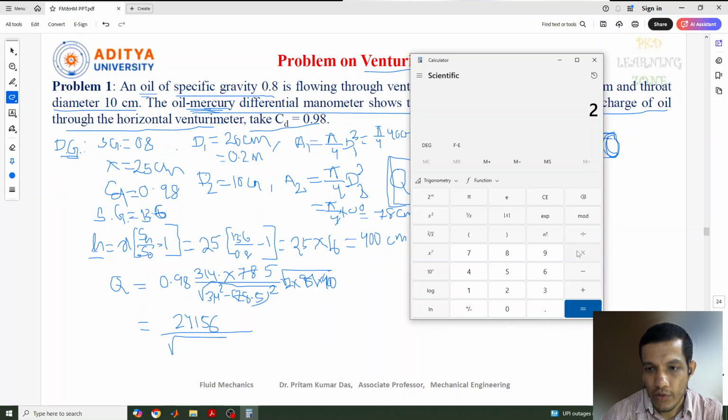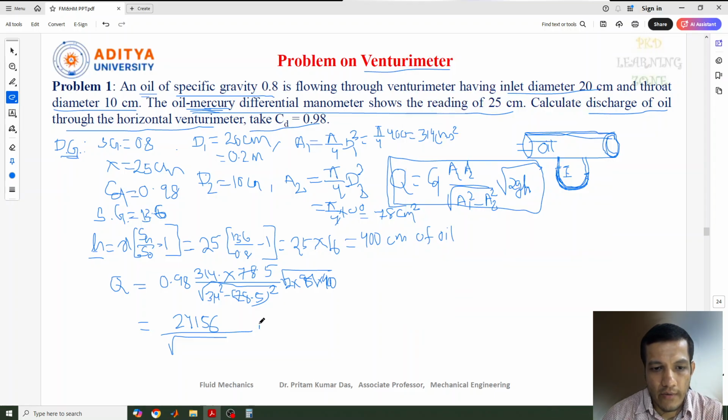This is how much? 2 into 981 into 400 is 784,800. Now this needs to be root over of this, so get the root function. Directly put it, so 885, some value 0.88 something is there.